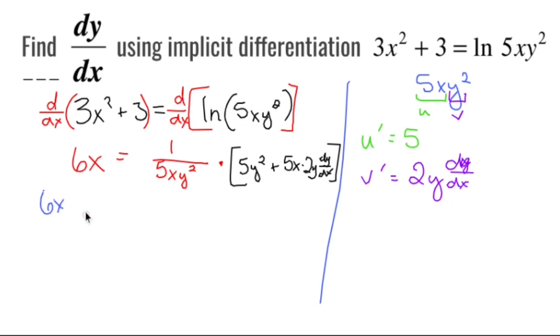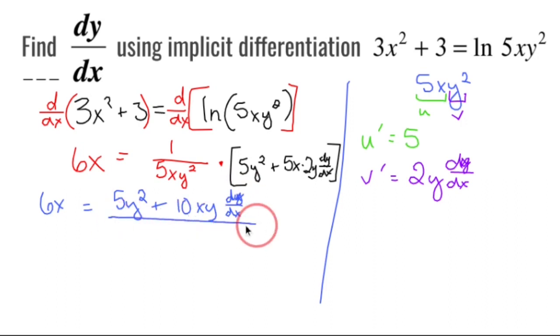So 6x equals, this actually just goes on the top, the numerator. So 5y squared plus 10xy dy/dx, all over 5xy squared.